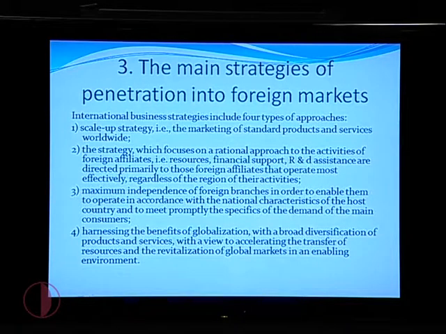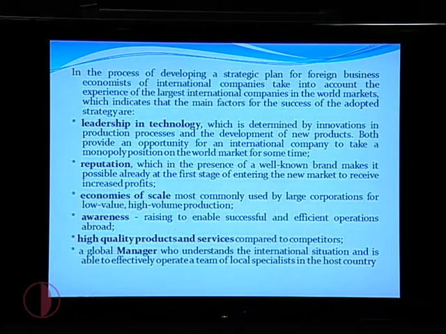And the fourth is harnessing the benefits of globalization with a broad diversification of products and services, with a view to accelerating the transfer of resources and the revitalizing of global markets in an enabling environment.